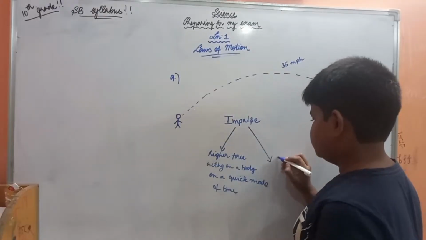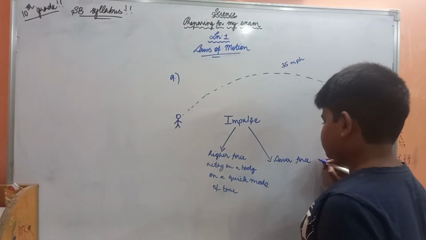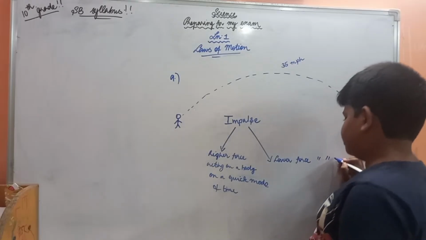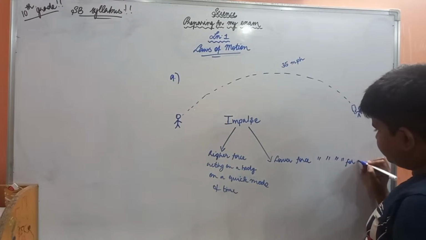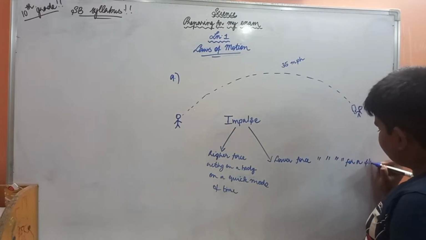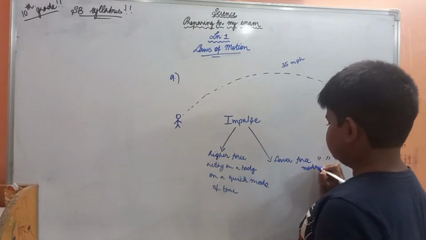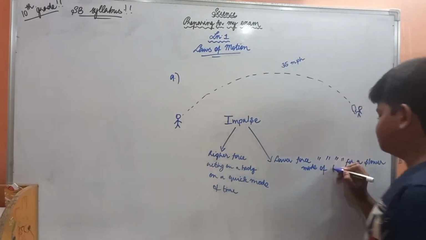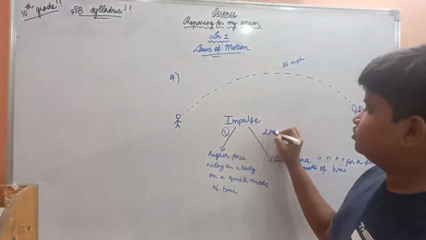The second: lower force acting on a body for a slower amount of time. So which is it, type 1 impulse or type 2 impulse?